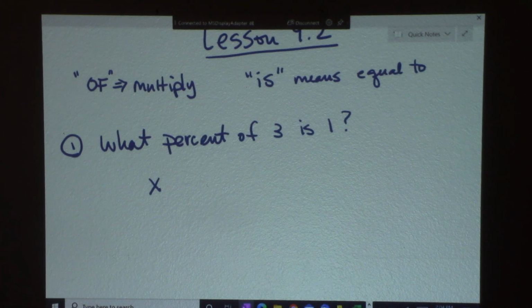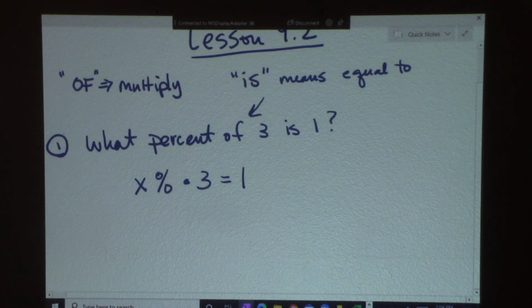So when I don't know something, I write X. When I see the word percent, I'm going to use my percent sign. Now here is my word of that I just spoke of, and that's where I'm going to put multiply. And then 3 equals 1. So now I don't have words, I have math, and I can solve it.